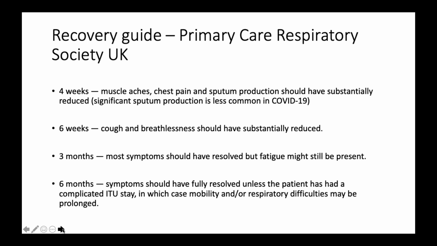But by 6 months, we'd hope that most people had. And this does rely on the idea that they haven't had other complications. So those people with critical illness myopathies or neuropathies from prolonged hospital stays, or indeed chronic lung disease or other complications may well have longer symptoms.